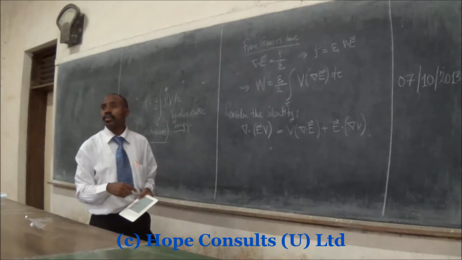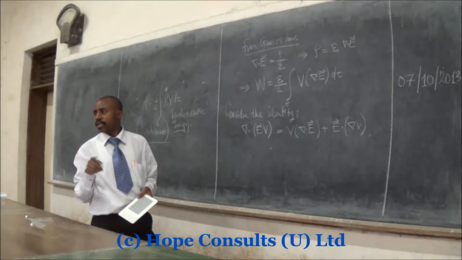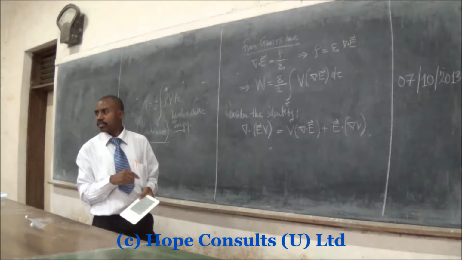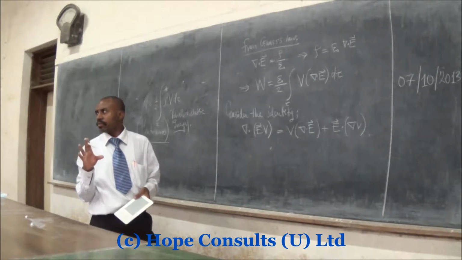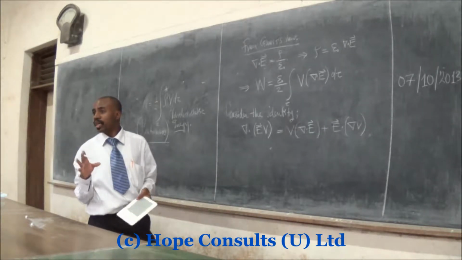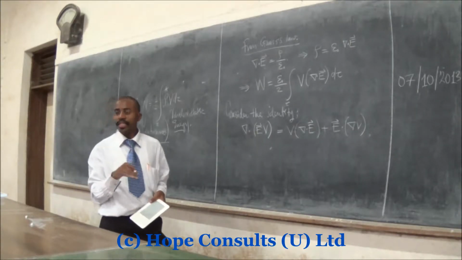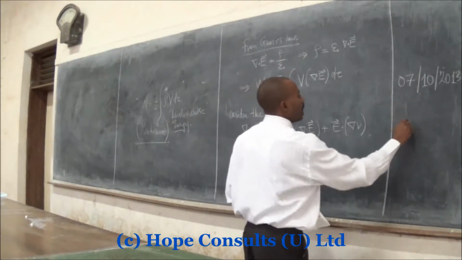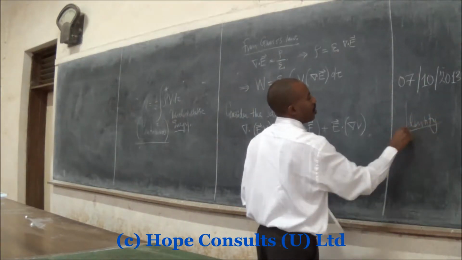If you have checked on Moodle, you find there is a part of identities, as on the cover page of the Griffiths book, and it will be provided in the exam and the tests. So the identities, I don't need you to remember or cram anything about identities.